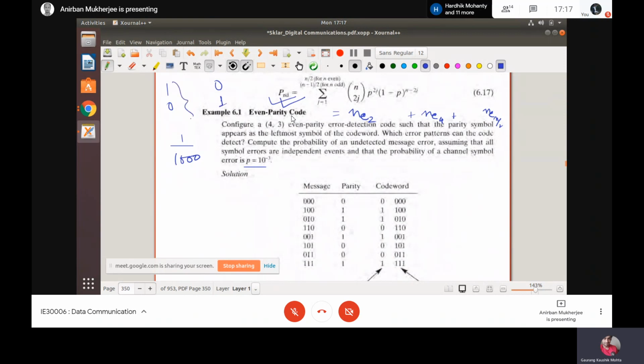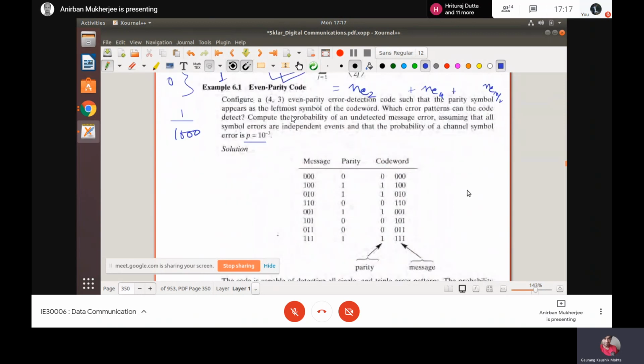So this error probability is 1 by 1000. Now say the message is just 3 bits, and we are adding 1 bit of parity. So that means k equal to 3 and n equal to 4.